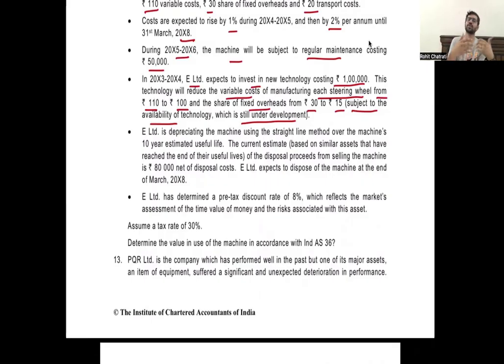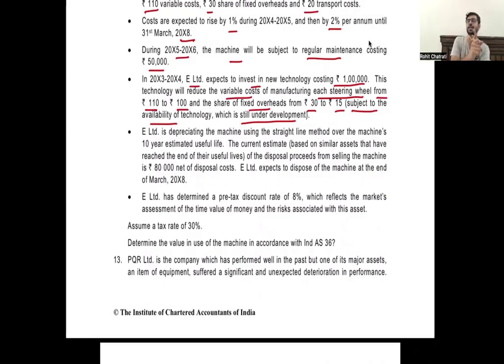It is only in the planning stage. Therefore, Ind AS 36 states that such capital expenditures shall not be considered for VIU computation.